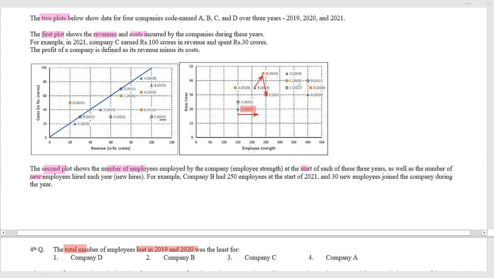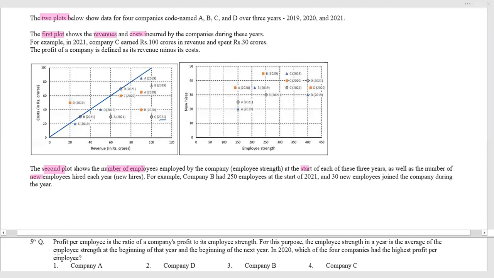In case of C, 19 to 20 is remaining more or less the same, no change. For D, it is going right, but not as much as B. So the highest amount of right movement has happened for B. And that right movement will determine that the number of employee loss is least, because it is retaining more. Option 2 would be my answer from that observation.